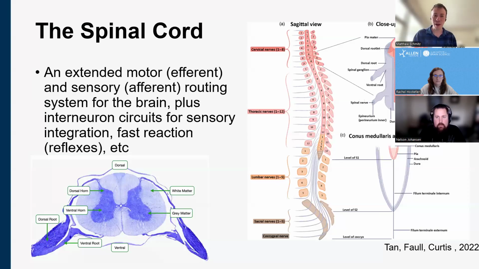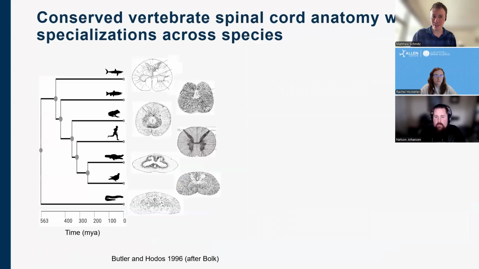And so the spinal cord is a very special part of the brain. It's one of a handful of regions that are conserved with essentially the same function across all of vertebrates. And you can see that for a very large evolutionary distance, the spinal cord has maintained this structure of a dorsal horn and a ventral horn.